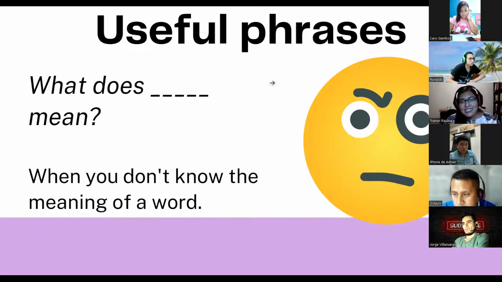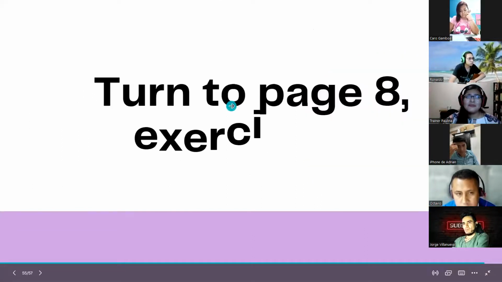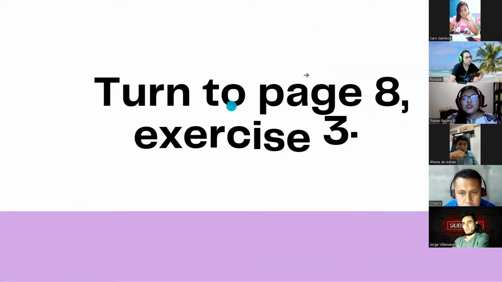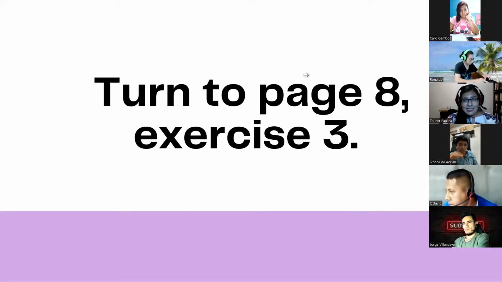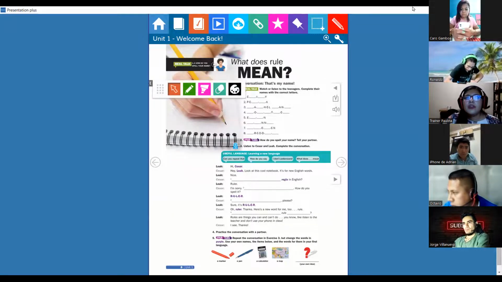Alrighty, and to practice, we're going to do one more exercise related to this. In this case, we're going to turn to page 8 in our books, and we're going to work on exercise 3. Let's go ahead and open it. I'm going to work on this exercise here.